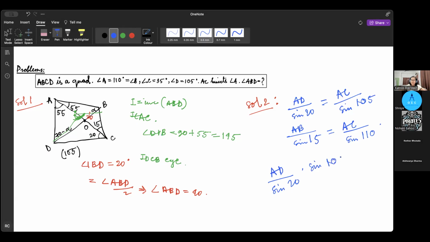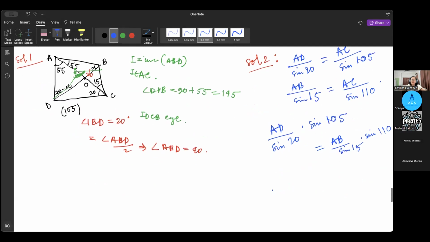Or you can think about it like this. Just equate AC from both the equations. AB by sine 15 equals AC by sine 110.